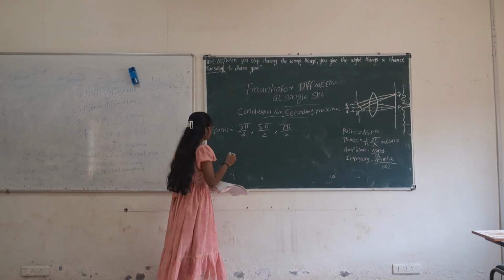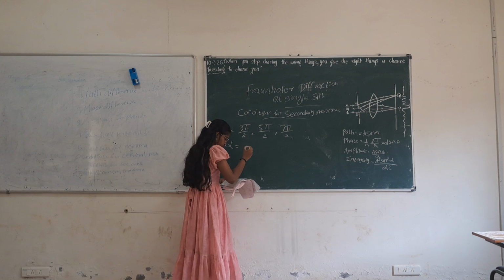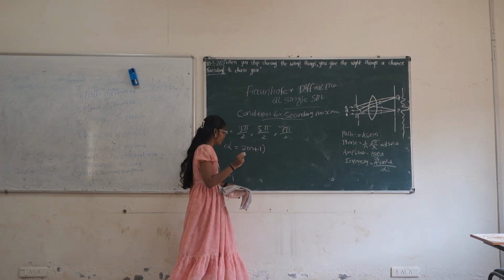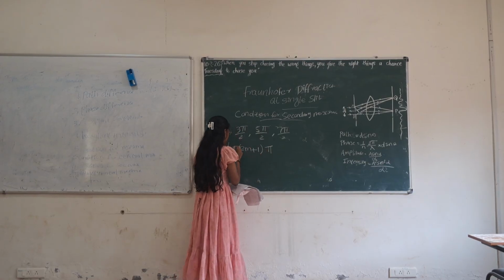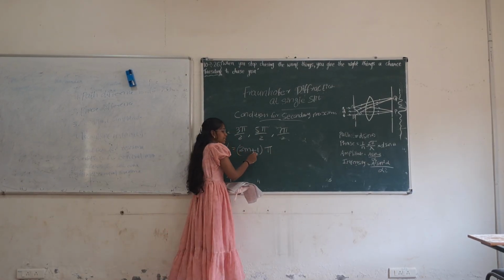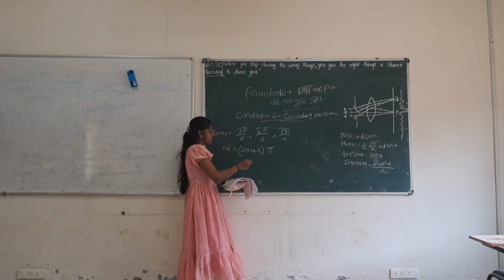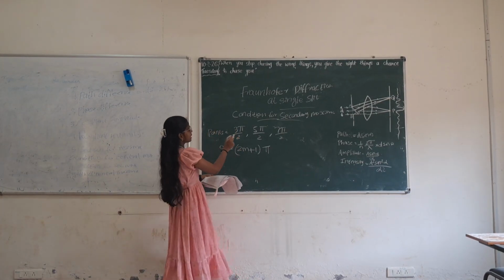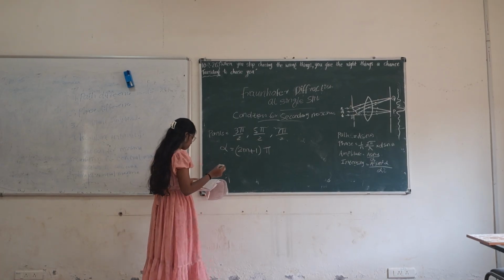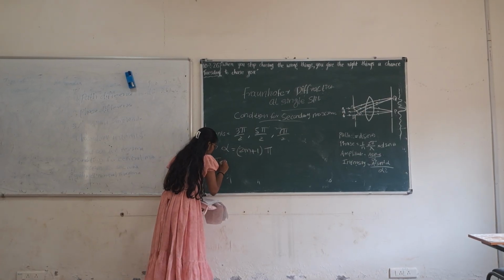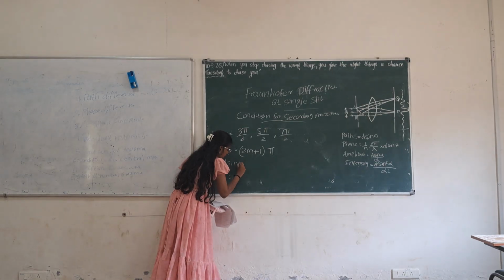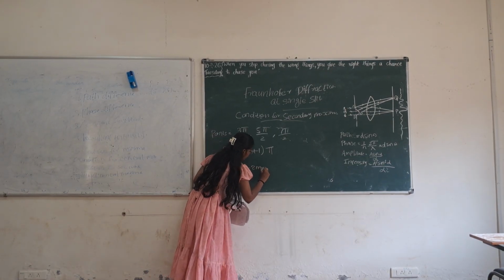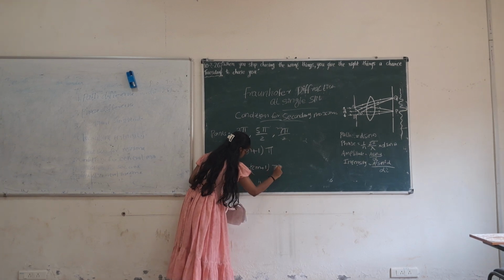So we can generalize: alpha is equal to (2m plus 1) into pi by 2. This is the condition for secondary maximum, and we can substitute alpha is equal to pi b sin theta by lambda equal to (2m plus 1) into pi by 2.